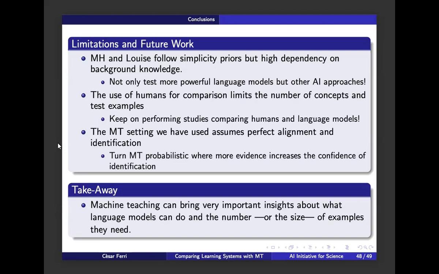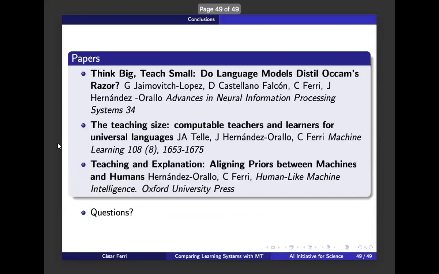In that way, we think that developing a probabilistic framework will give more evidence about the competence of the identification. And finally, as the takeaway, we believe that these machine teaching frameworks or techniques can be employed to extract important insights about what learning systems or language models can do, and the number or set of examples they need.